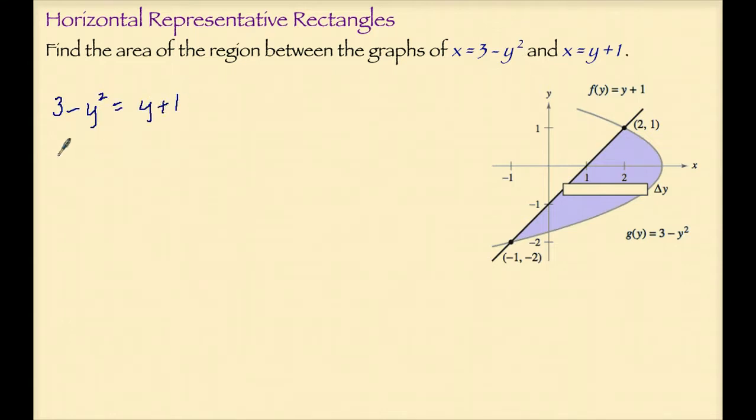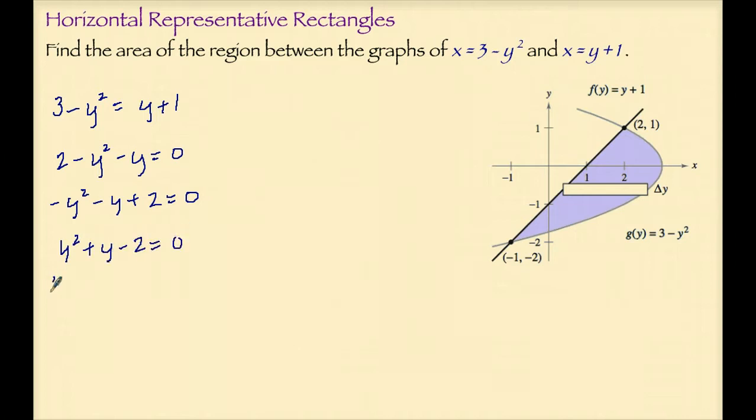Subtracting over everything to the left will give us 2 minus y squared minus y equals 0. Arranging this in standard form, negative y squared minus y plus 2 equals 0. I'll divide everything by -1 and then factor. y plus 2, y minus 1 equals 0.